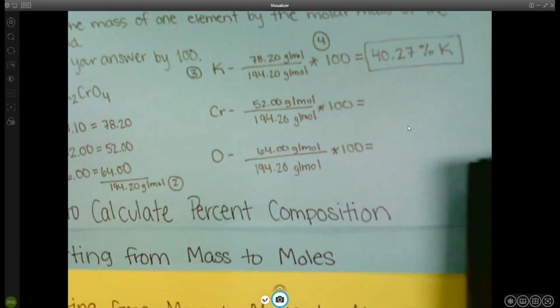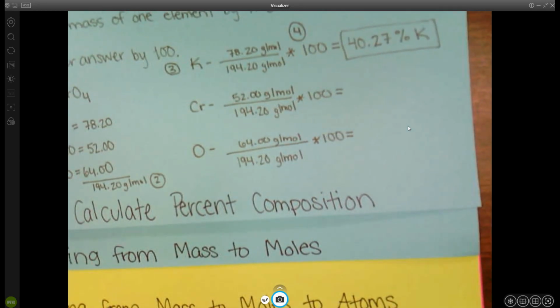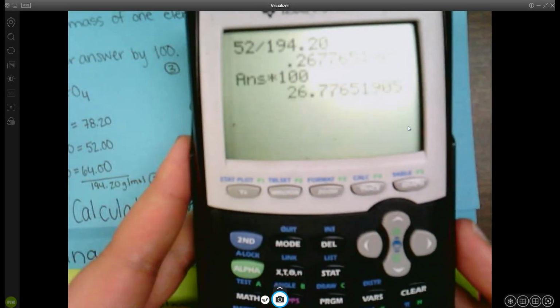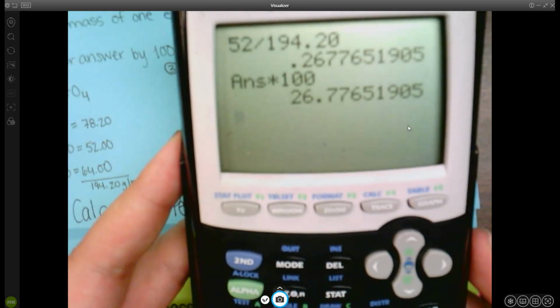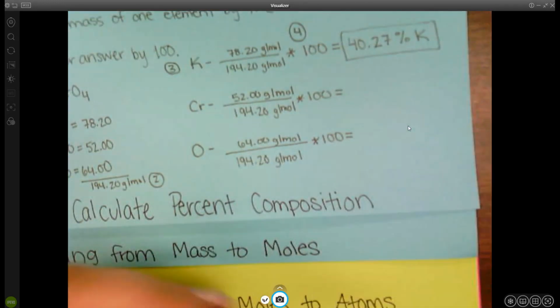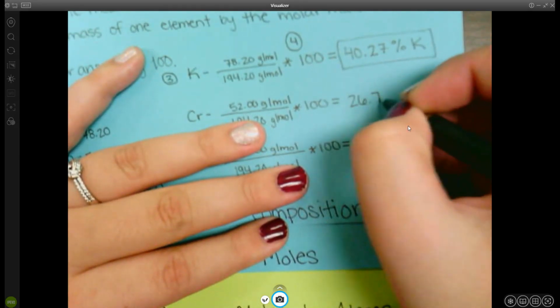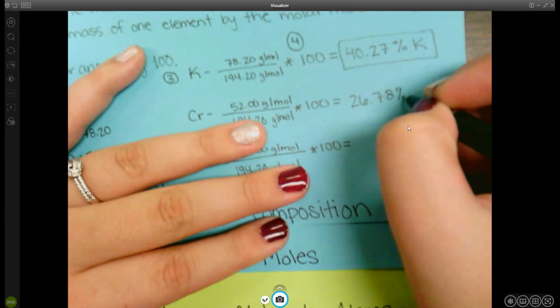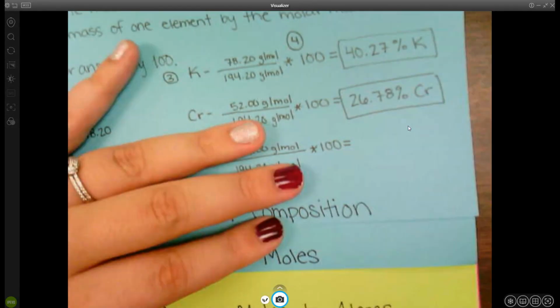We're going to do the same thing for chromium. So 52 divided by 194.20 times 100. We're going to get 26.776. I'm going to round that to 26.78% Cr. Again, box it.